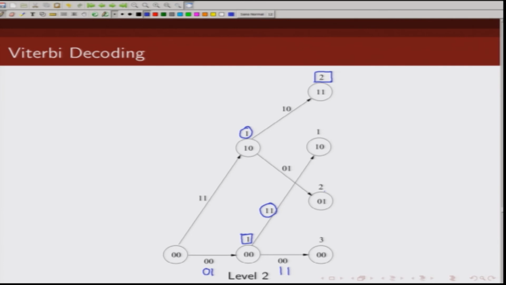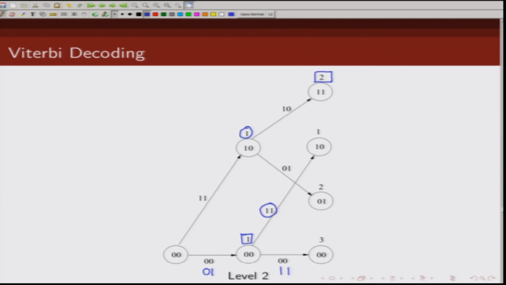Similarly, we can find out the partial path metric here. This is going to be the partial path metric here plus the branch metric of this. And what is the branch metric of this? This is 0 1 and the receive sequence is 1 1. So, it differs in the first bit location. So, 1 plus 1, that is 2.